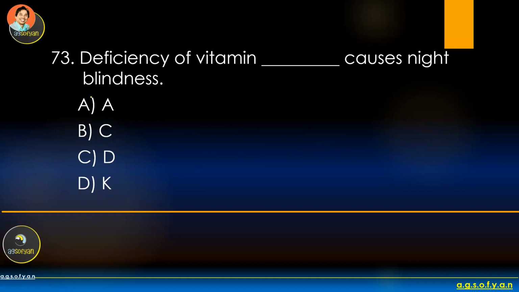It is going to be vitamin A. Vitamin A is used for our eyes to see better in low light situations. Vitamin A is usually found a lot in carrots. Okay, so carrots have a lot of vitamin A.